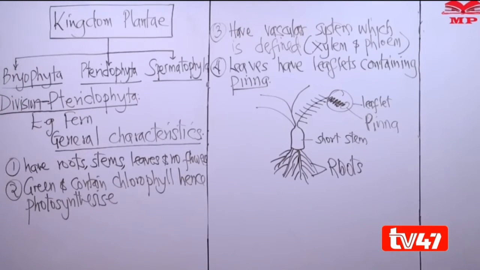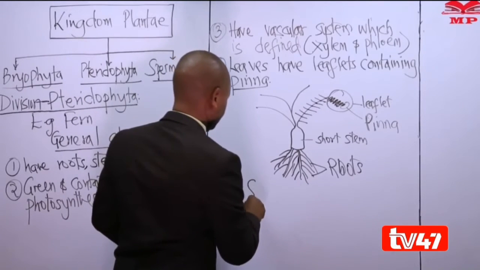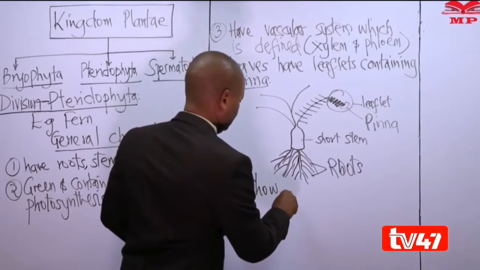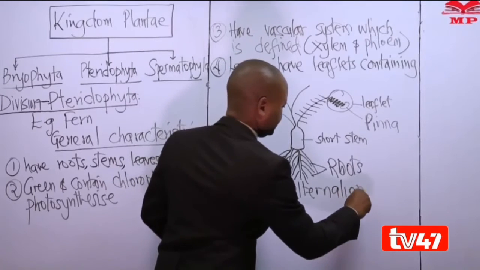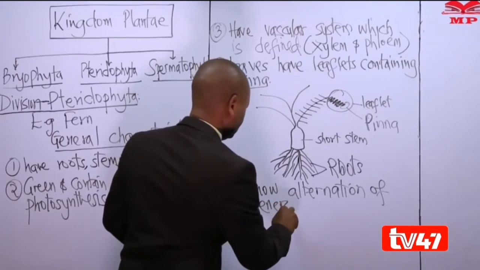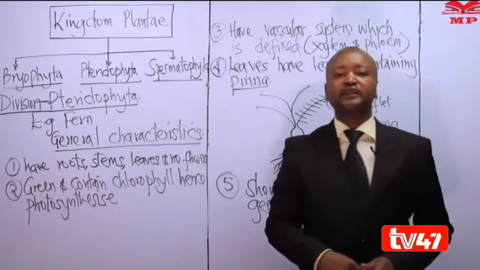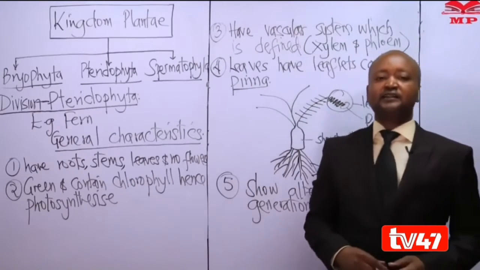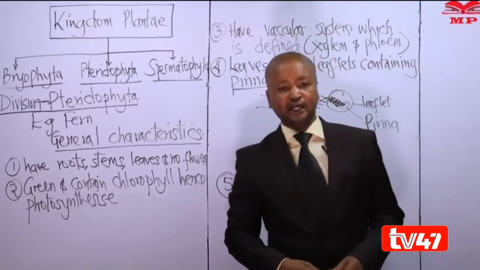Then they also show alternation of generations. And for alternation of generations, it has two parts. It has the main part, which is the sporophyte, and it has the other part, which is the gametophyte.